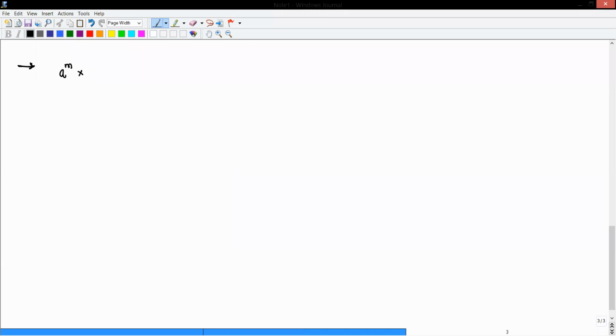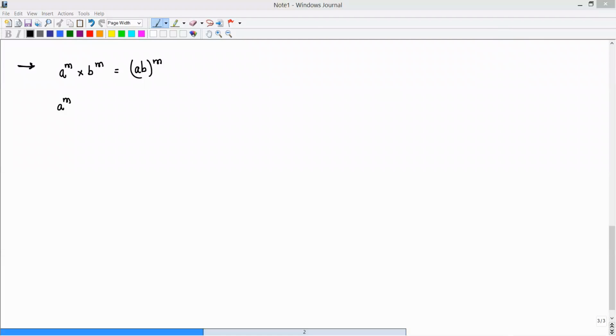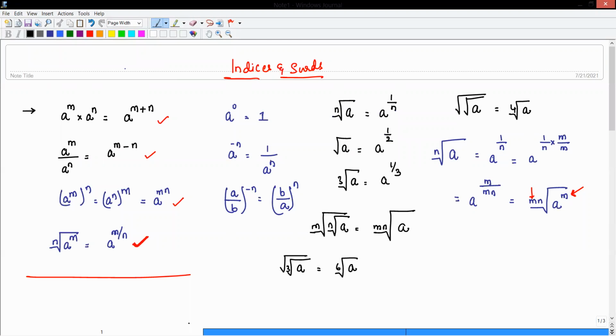Then a power m into b power m. I want all of you to take a note of it quickly, maybe a screenshot.